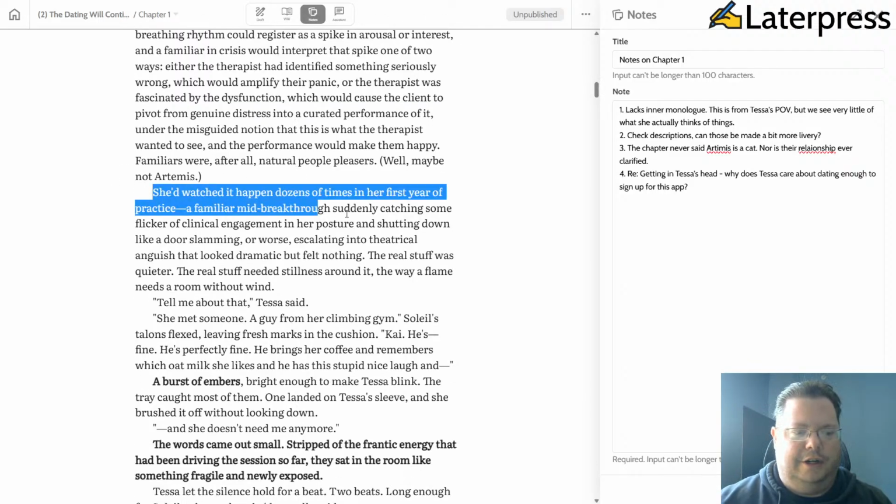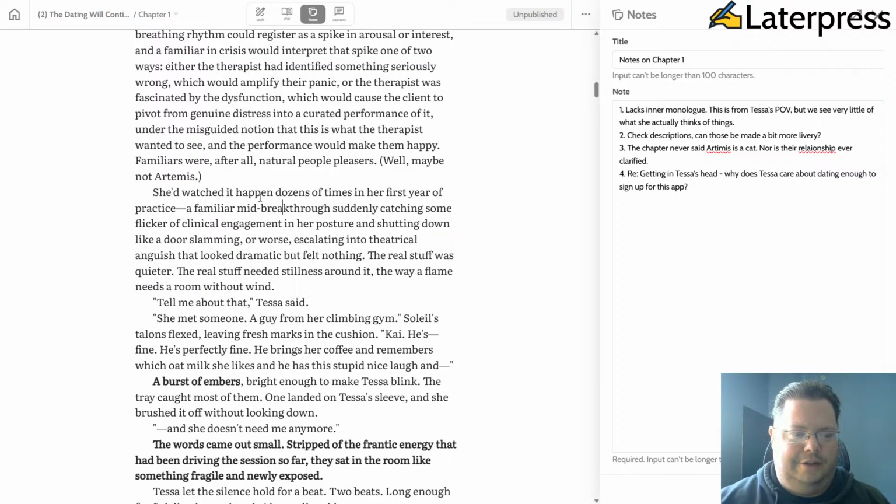So then here, this was the last half of that revised expansion. She'd watched it happen dozens of times in her first year of practice.